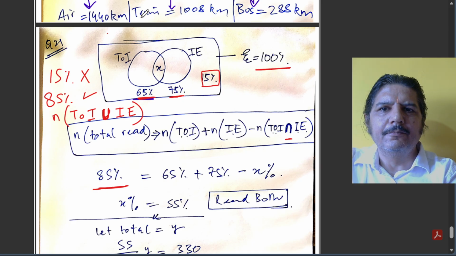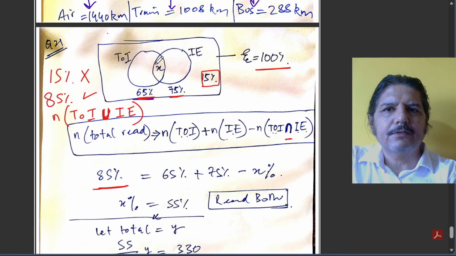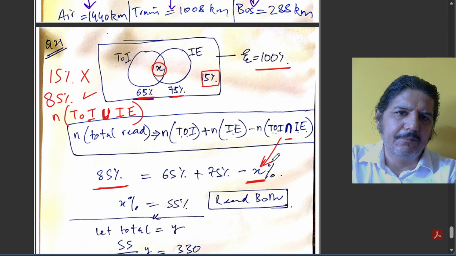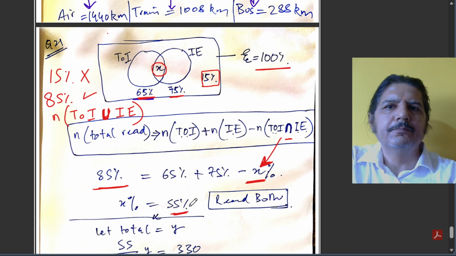That is how it is done. Another thing that you need to understand is that when we are taking these percentages, this intersection I have assumed to be X. I am calculating for X. So you see X here. And then when I have calculated, I find that the value of X is 55%.